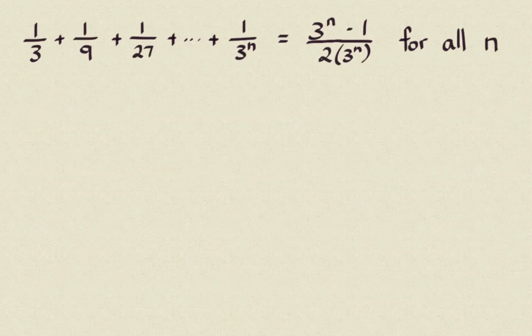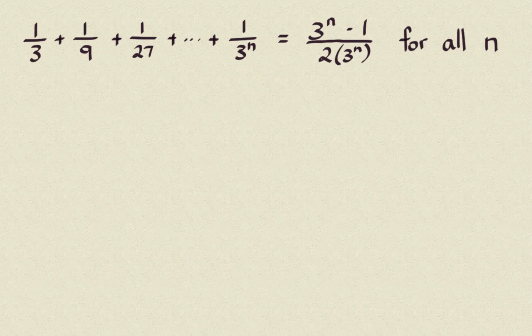So here's the first statement. Once again, we have a series on the left-hand side, 1/3 plus 1/9 plus 1/27, and so on, all the way up until our nth term, which is 1 on 3 to the power of n. And that is equal to this expression, 3 to the power of n minus 1, all over 2 lots of 3 to the n.